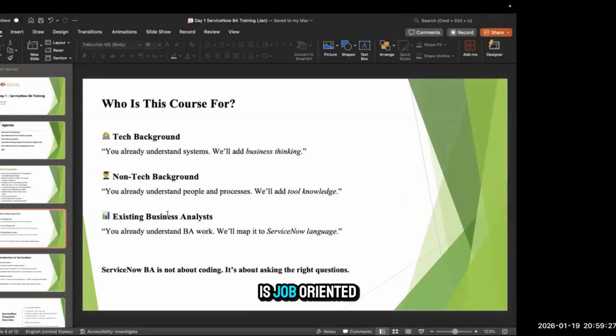This course is job oriented, as most of us are looking for, right? By the end of this course you will think like a real ServiceNow business analyst, and not as a student only. The goal is that you build confidence, you have clarity on how to move ahead in your career, and you are ready for the market as well. Now we talk about who this course is for.